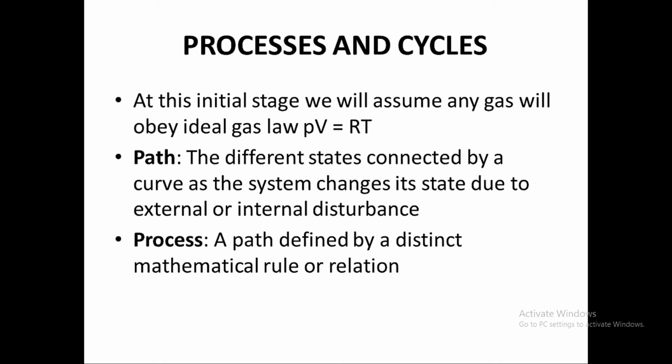So when there is a change in the extensive or intensive property, it follows a particular state. By connecting those changes, we get a curve, and that curve is said to be a particular path. A process: a path defined by a distinct mathematical rule or relation is called a process.